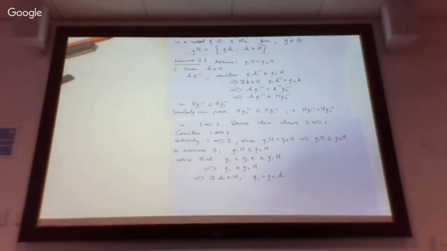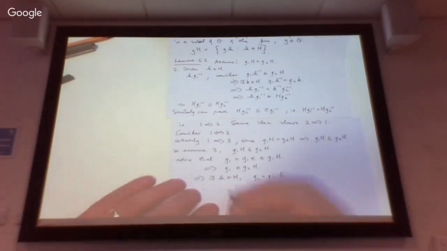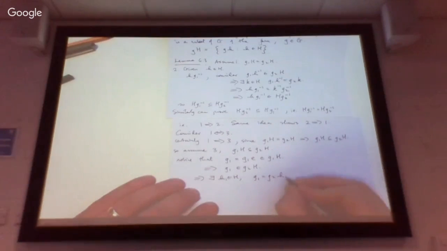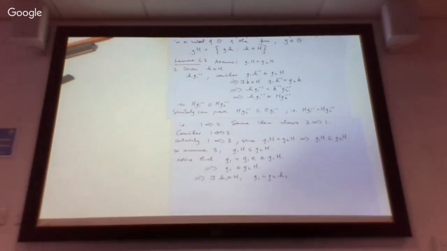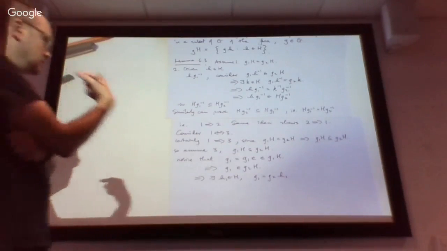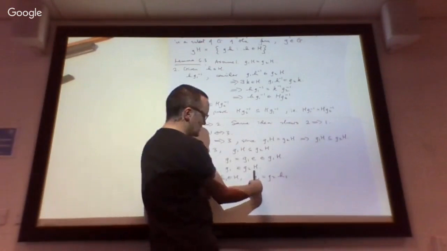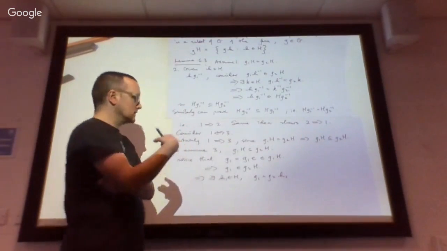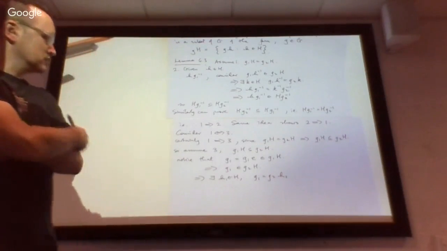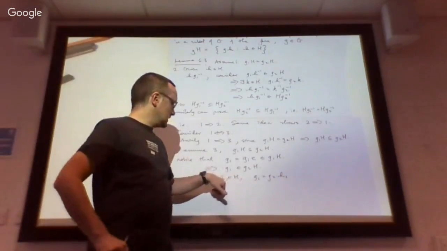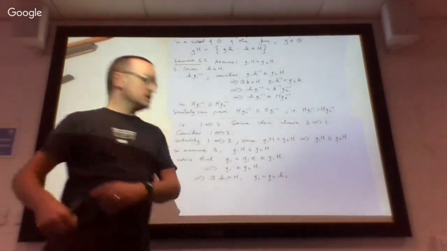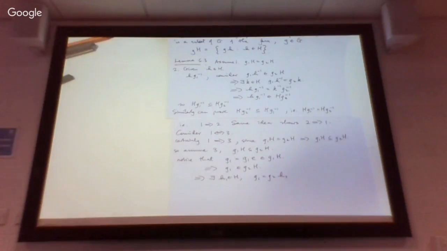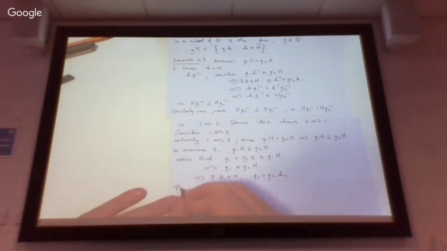Since this little h is special, I'll put a subscript 1 on it. It's some special element of the subgroup H associated to G1, so I'm going to call it h1, such that G1 is equal to G2 times h1.